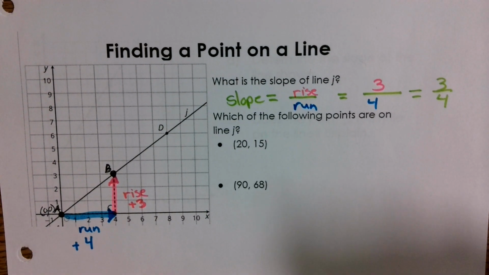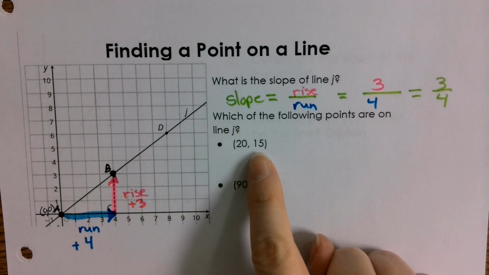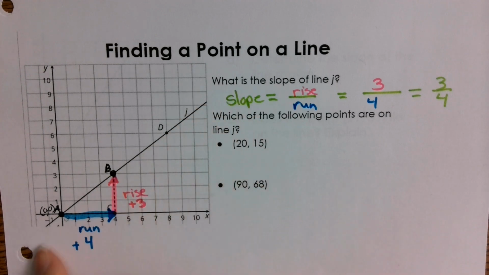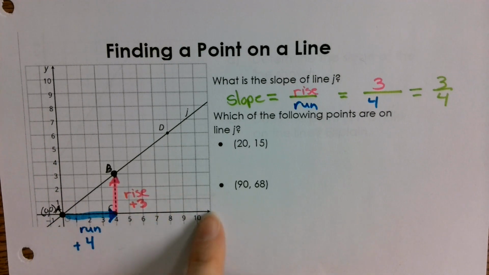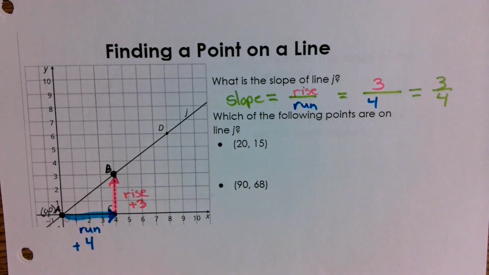So now we want to know, is the point (20, 15) going to be a part of this line? I can't see where the point (20, 15) is going to be. It's off of my grid, so I can't actually visualize it here on my graph.